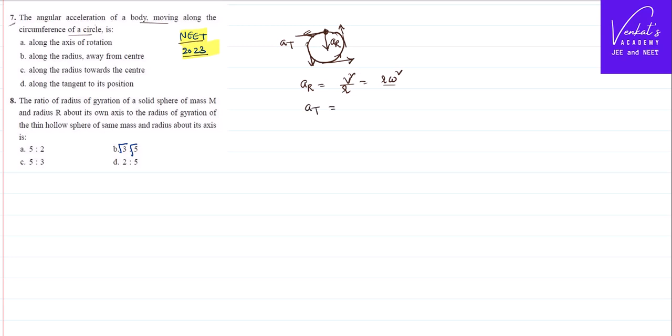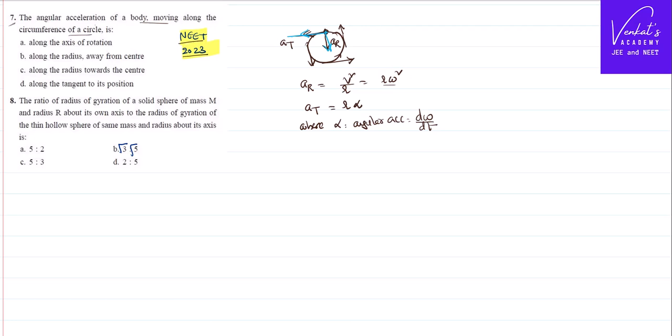Here tangential acceleration could be written as a equal to r alpha, where r is the radius of the circle, alpha is called angular acceleration, that is d omega by dt. So a body now has two kinds of accelerations in parallel, tangential acceleration and radial acceleration.